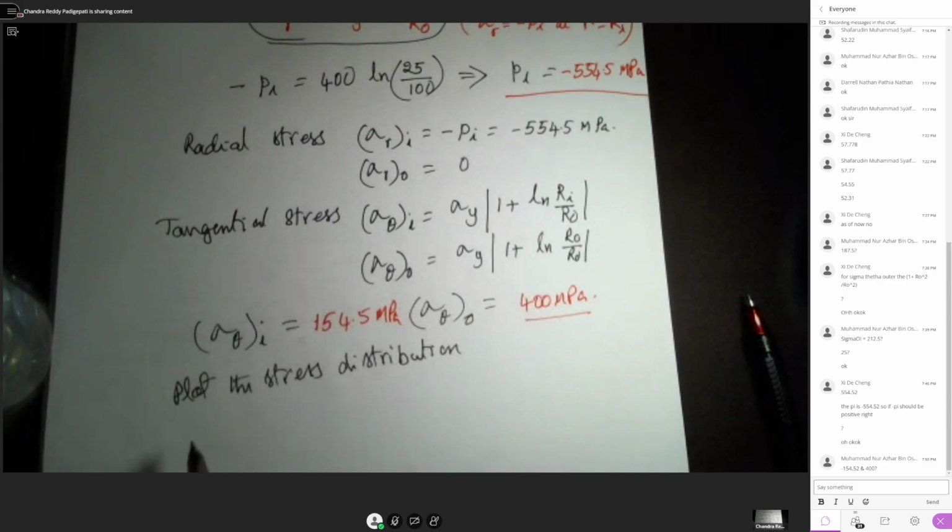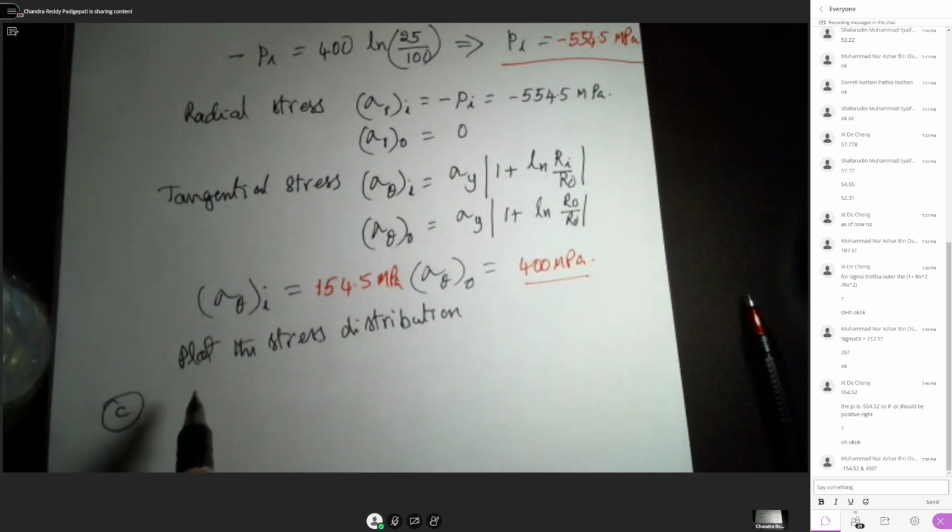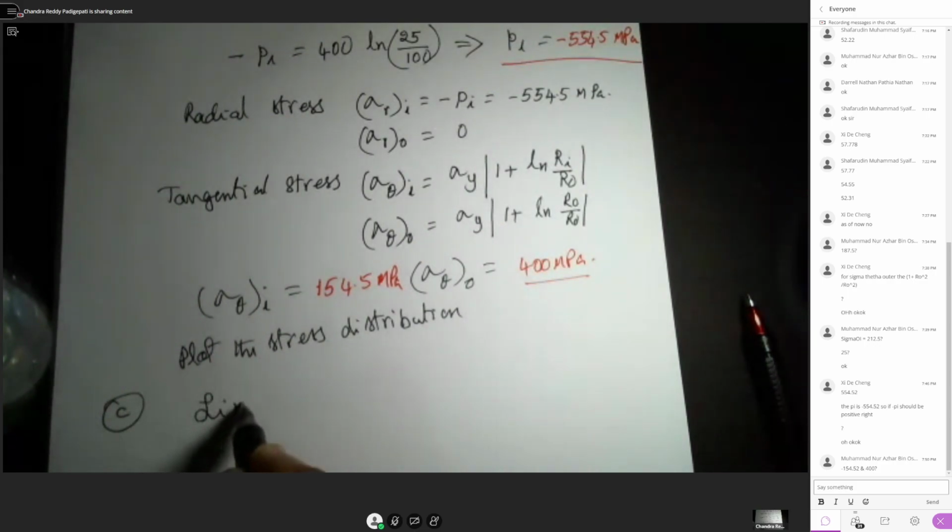I hope you can do this for your assignment. Is that okay, guys? So next we'll do linear formulation elastic.